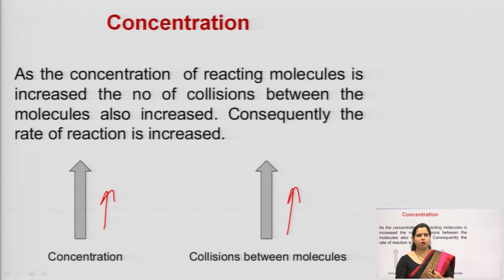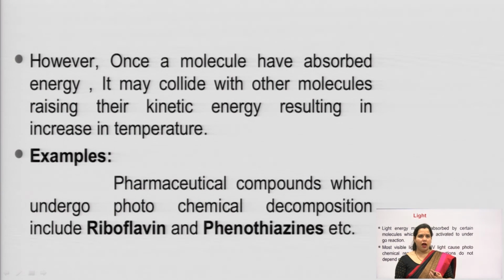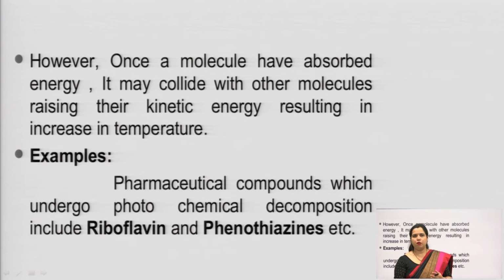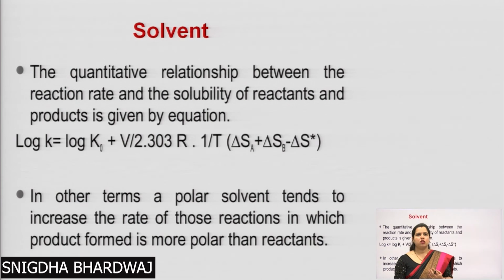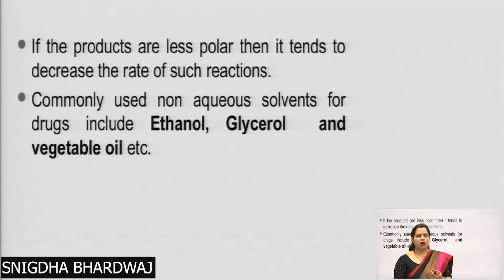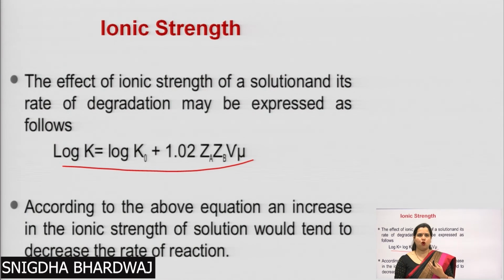Concentration has a directly proportional relationship with the rate of reaction. Light also increases it in some cases, it is variable basically. Light sensitive particles generally decompose during the absorption of UV or some sort of radiation. Polar solvents have a higher rate of reaction as compared to non-polar.